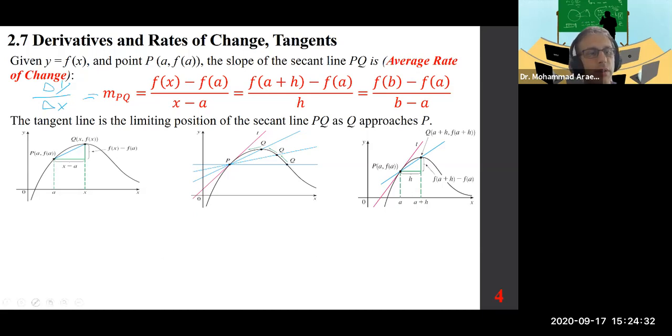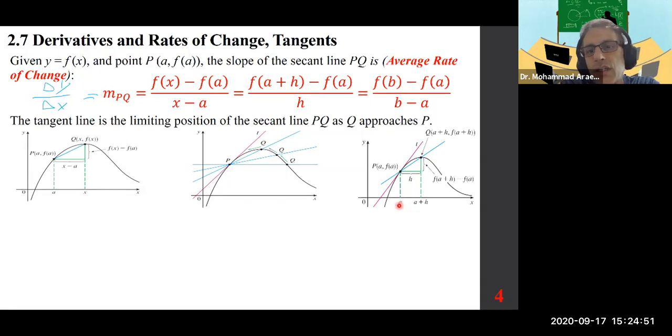I want everybody to pay attention to various ways of writing it. If you look at this one, class, this is A, this is X. Here's the formula. This comes from here. I hope you see that. You call the first point A, the second point X. So that's it. Now look at this last one.